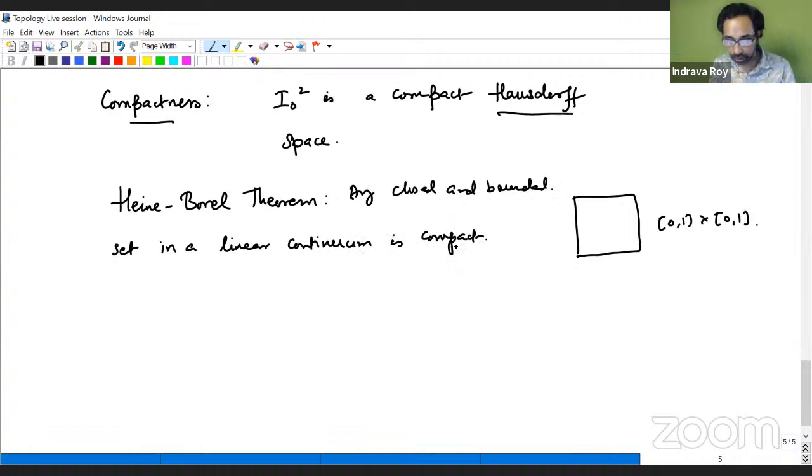So in this case, bounded is not with respect to a metric, but bounded is with respect to the order relation that we have.